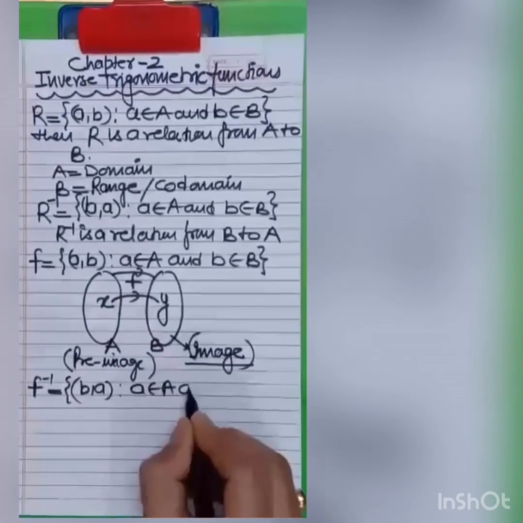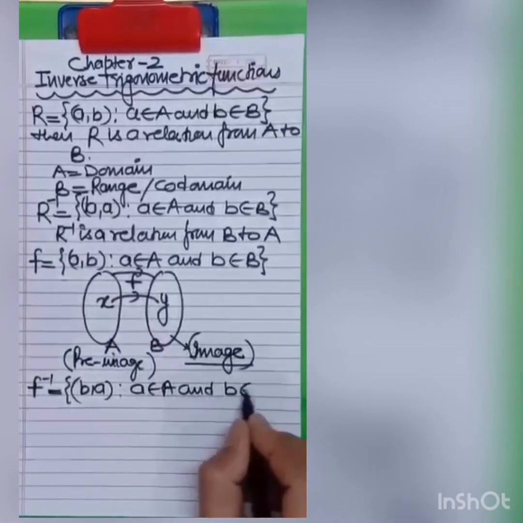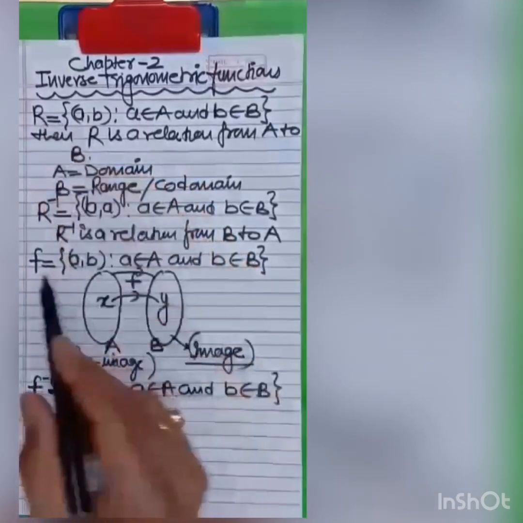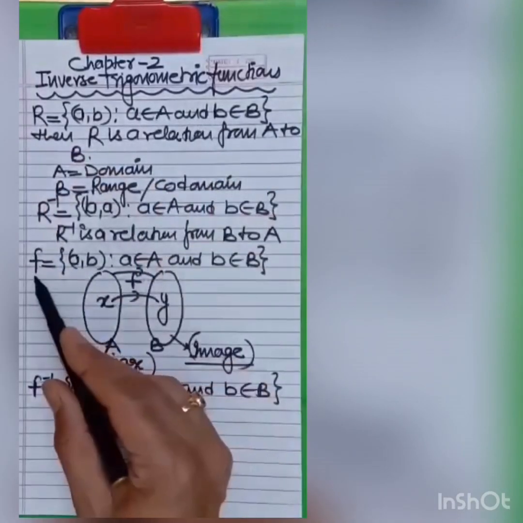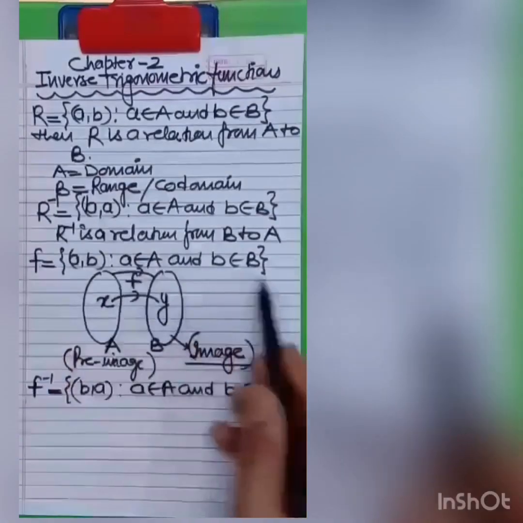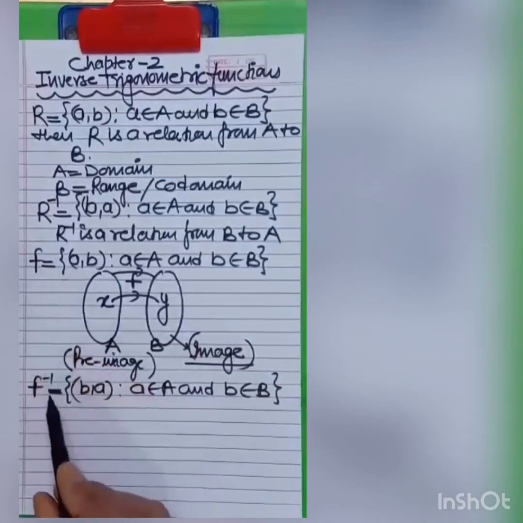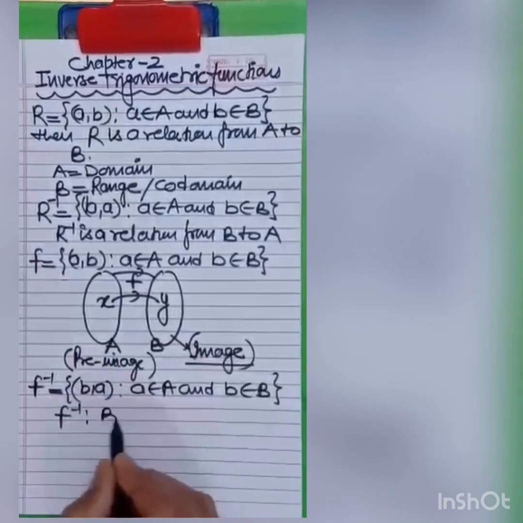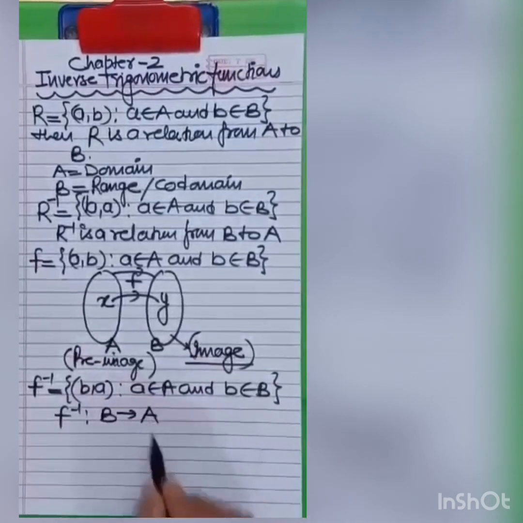A relation from A to B is called R, and the special case of relation is called function. When a function is from A to B, it is simply F. If it is from B to A, it is called F inverse function.